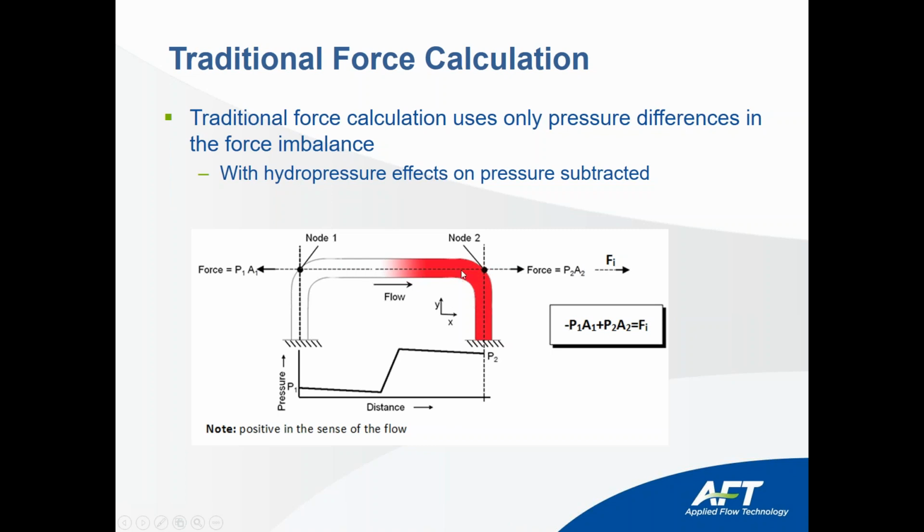So when it hits this section of the pipe between node 1 and node 2, we have a high pressure on this side, and we have a low static pressure on this side.